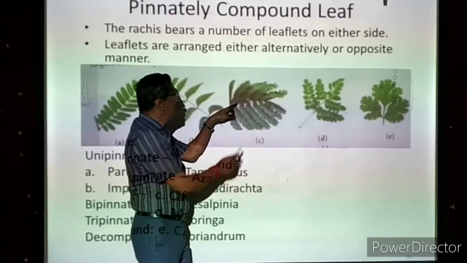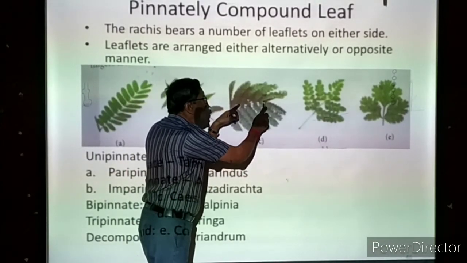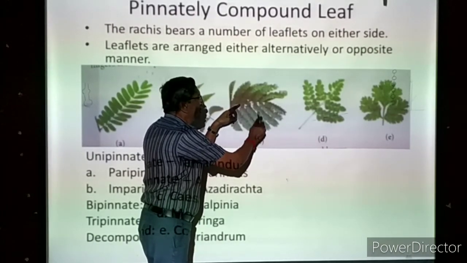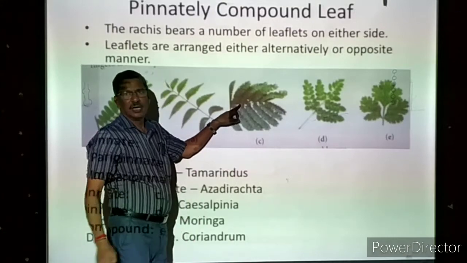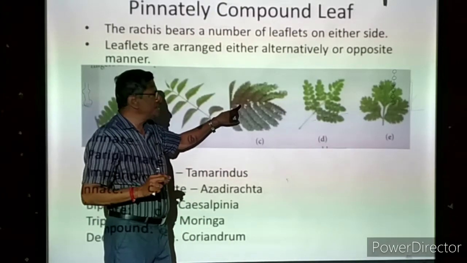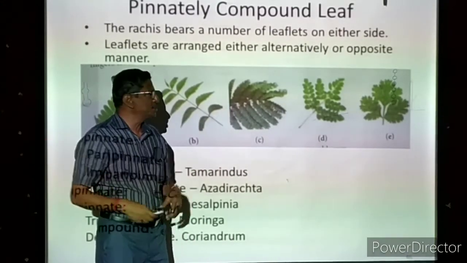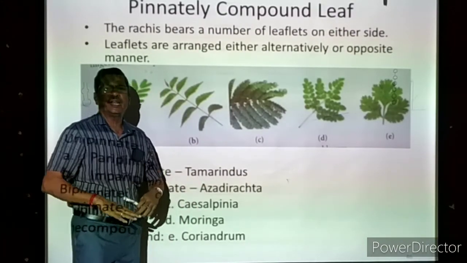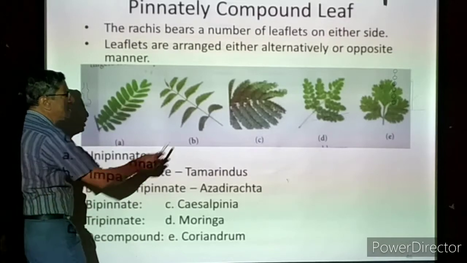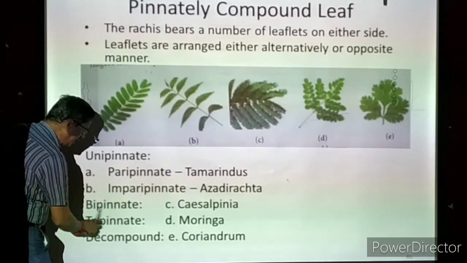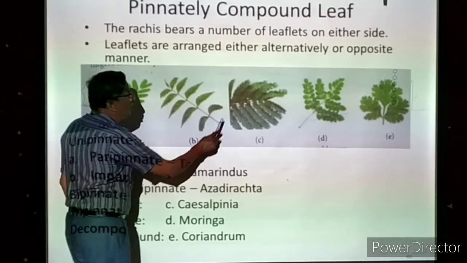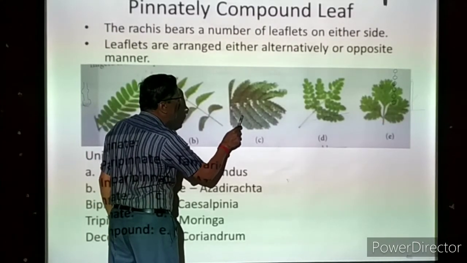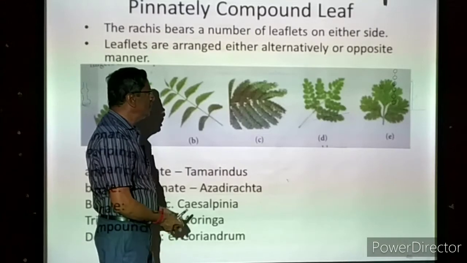But actually in this, the leaflets will not be arranged directly from the main rachis. The main rachis is further divided into a number of branches. So they are called the second branching. The rachis is the first branch. After that, so many side branches will be arising. These branches of the rachis we can call secondary rachi. Then on each secondary rachis, the leaflets are arranged on either side.